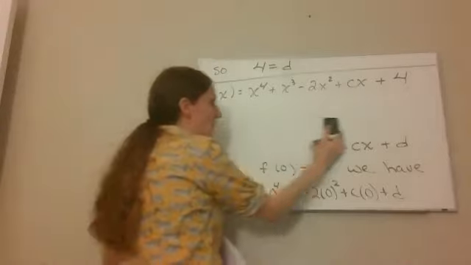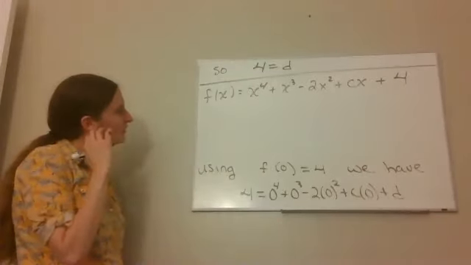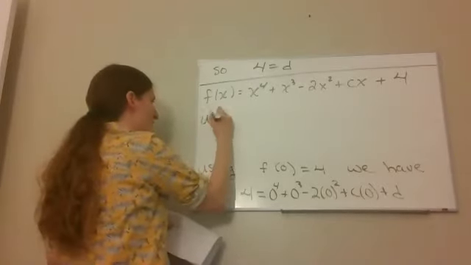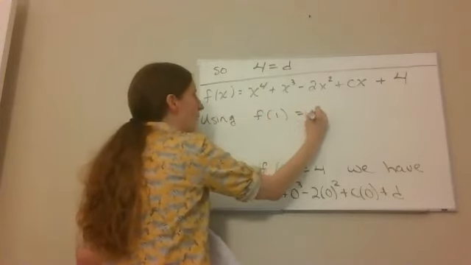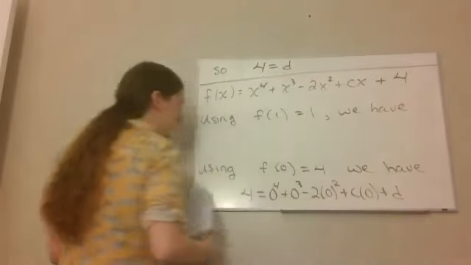So now I still have to figure out what c is. To figure out what c is, we just plug in the other bit of information we had. So using the fact that f of 1 is 1, we can figure out what c is.